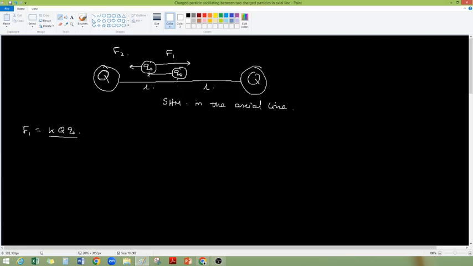The distance is L minus x, since you displaced it by a distance of x. So it has to be L minus x, the whole square. F2 is the same thing, K Q naught by L plus x, the whole square.